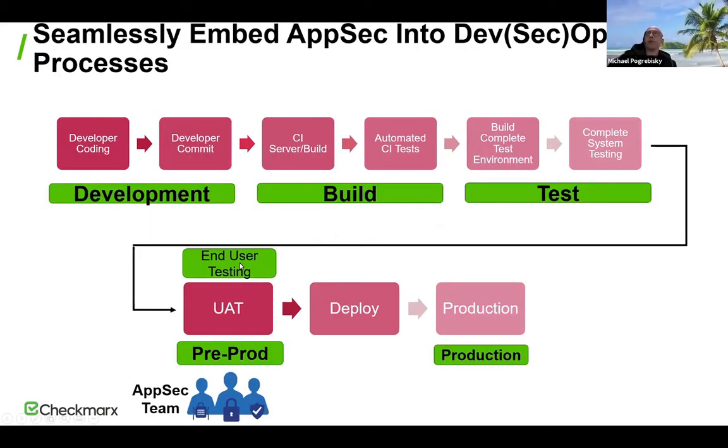Now, if we're looking at the longer cycle where you also have deployment into a UAT environment and then potentially into production, this is where it would probably be the most appropriate to do your DAST, dynamic application security testing, but this is already outside of the continuous integration cycle.